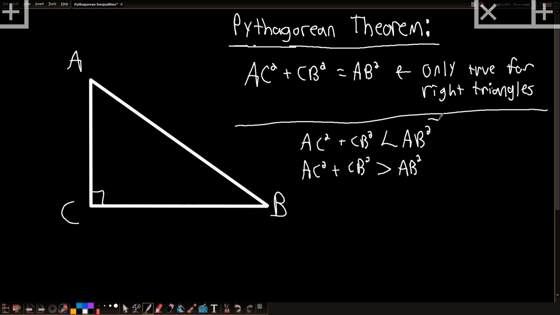What we're going to examine today is what happens in these two situations. They can't be right triangles, but what kind of triangles could they be?